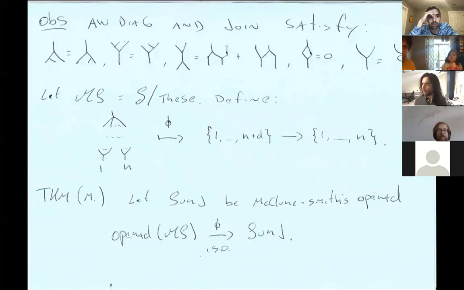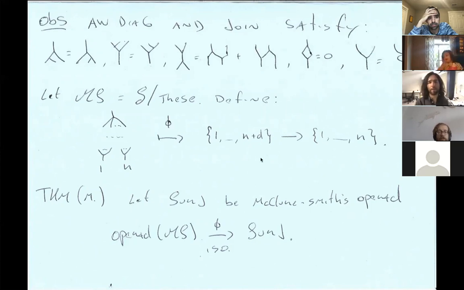So when we were discussing the representation of this prop on the infinite simplex, we said that the Alexander-Whitney diagonal and the join were the images of two of the generators. But we observed that those two maps satisfy more relations than those that are imposed on the prop.